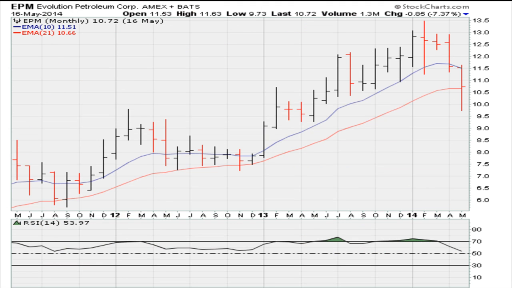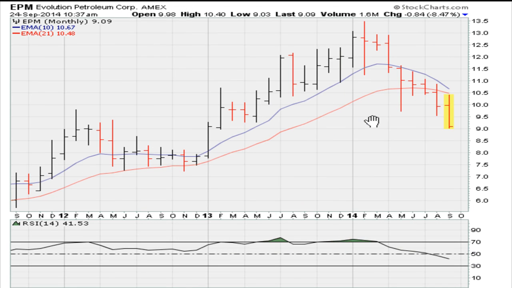So here was a stock trading at a price of about $10.70 before breaking this line here, which was the monthly RSI. So that's a sell signal, short signal. Let's see what happens since then.